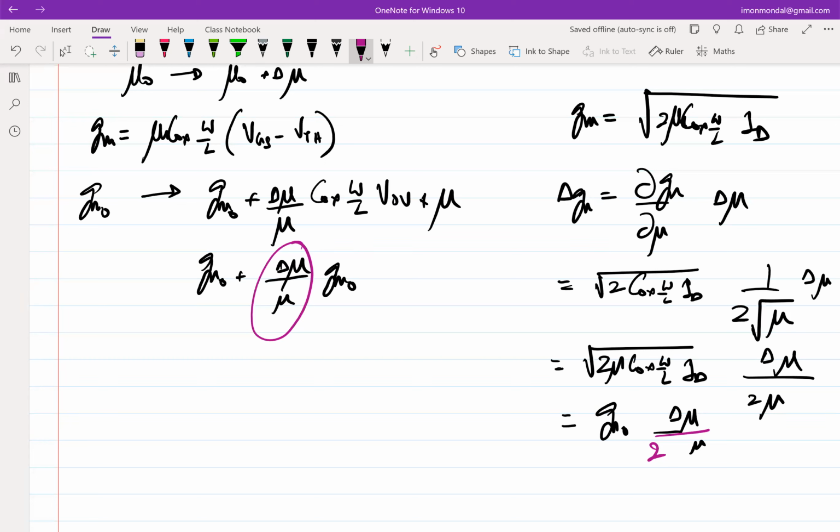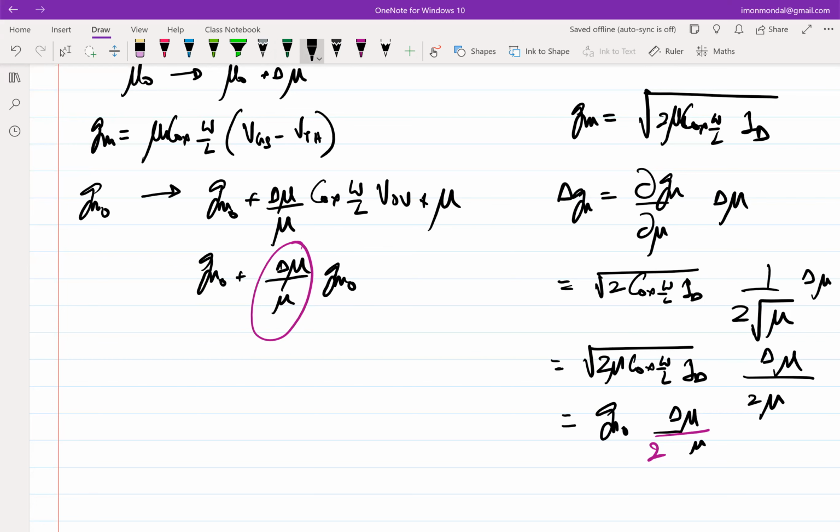So you gain on both fronts. A change in threshold voltage doesn't change GM at all. A change in mobility still changes it, but not by as much. So this is a better way of biasing on both fronts.